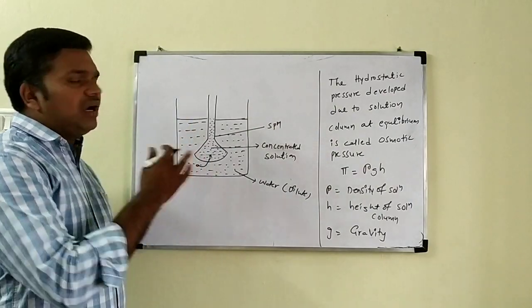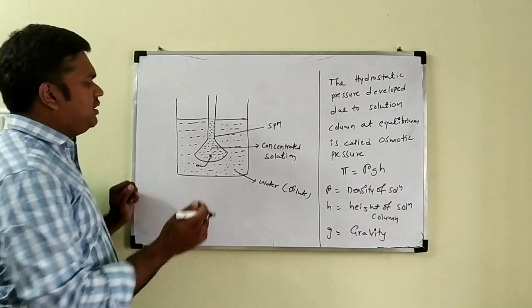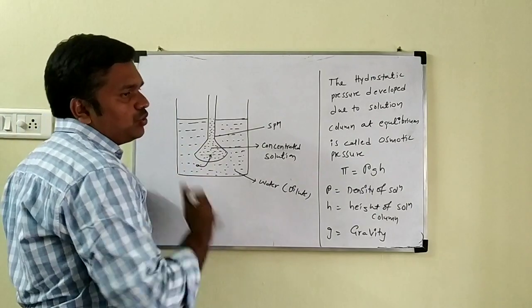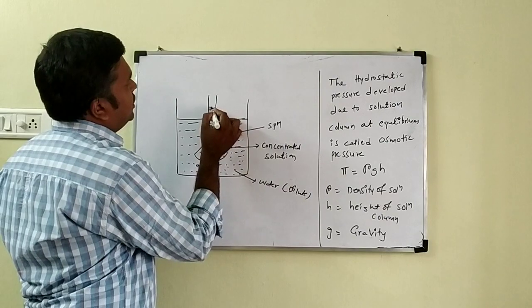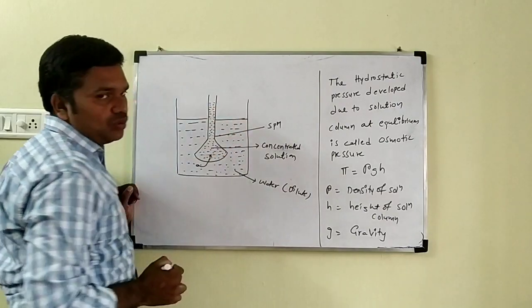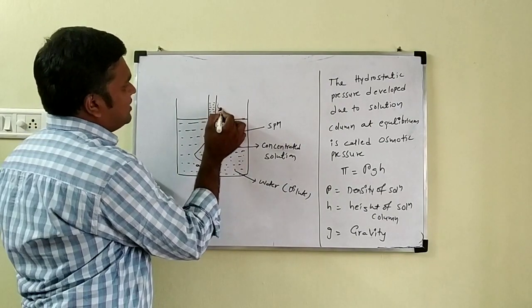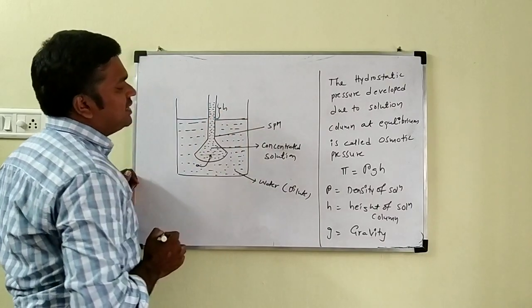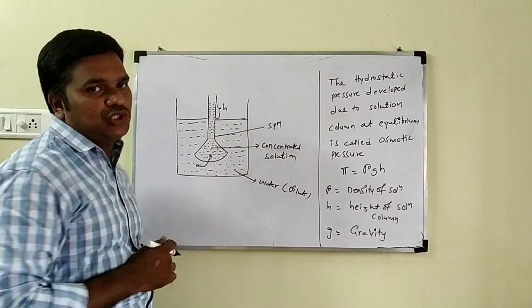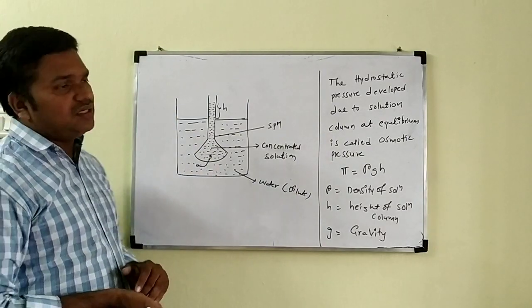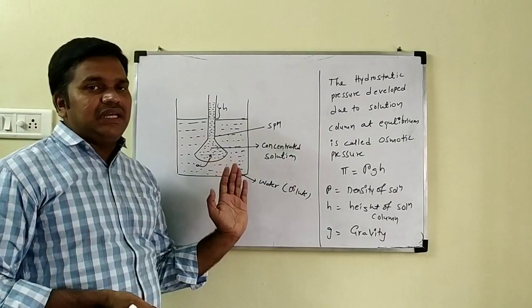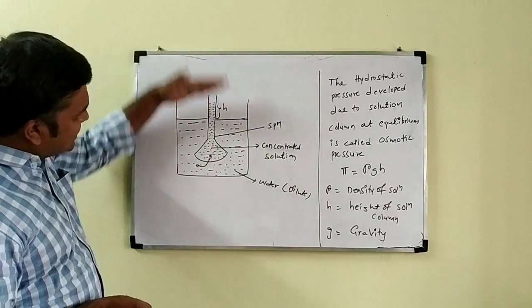Then what happened here? Whenever the process takes place continuously, the height of the solution increases. This I am writing here as H. H is the height of the solution column. After some time, when the process takes place continuously, the solution exerts some pressure.